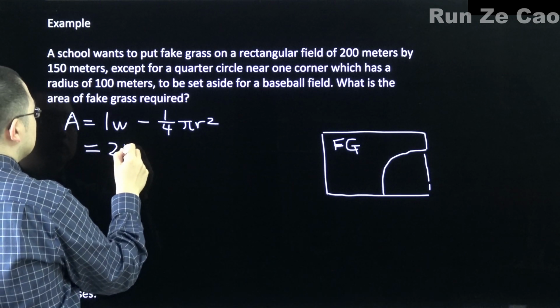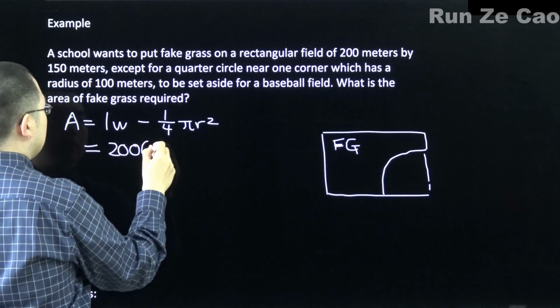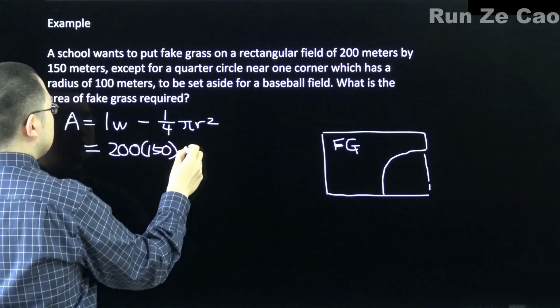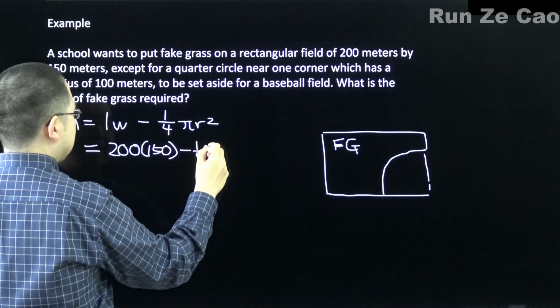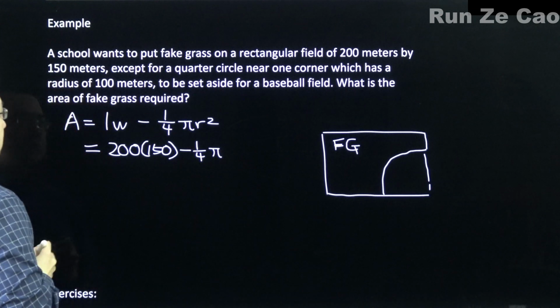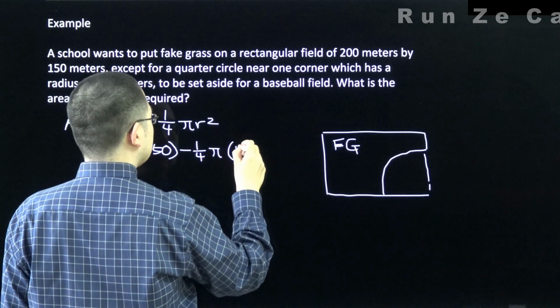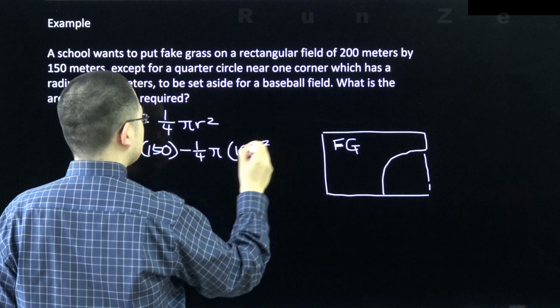Length 200, width 150 meters, minus 1/4 pi r squared, that's 100 squared.